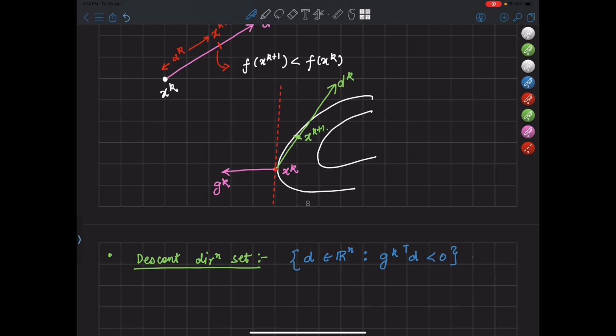So basically it makes an obtuse angle with the gradient at that point, where gk is g of xk. All right, so take any line in this sector, and that will be a descent direction. There is also a question that can be asked: which is the best descent direction? We'll come to that later.